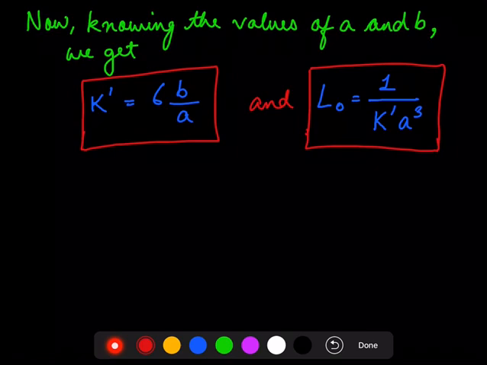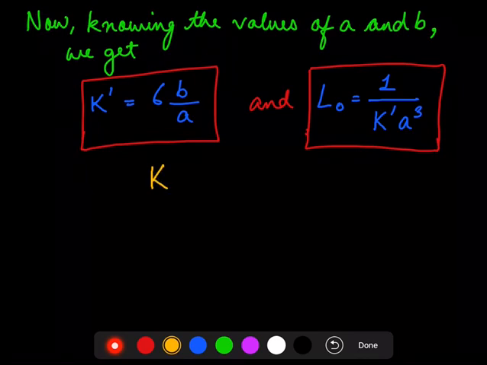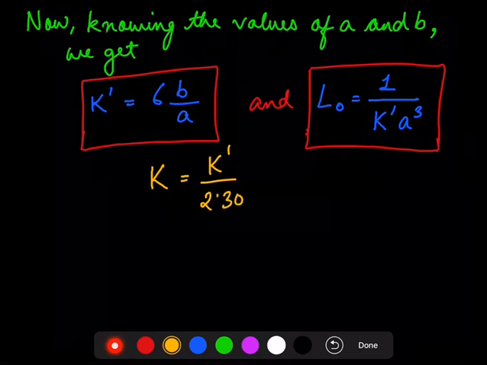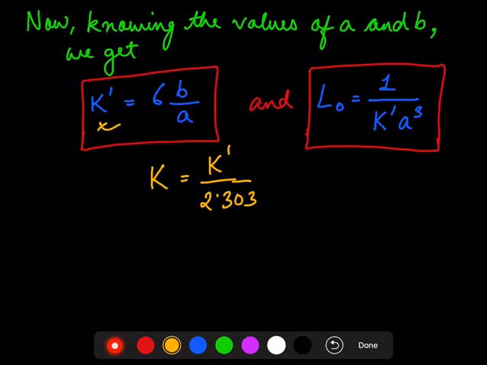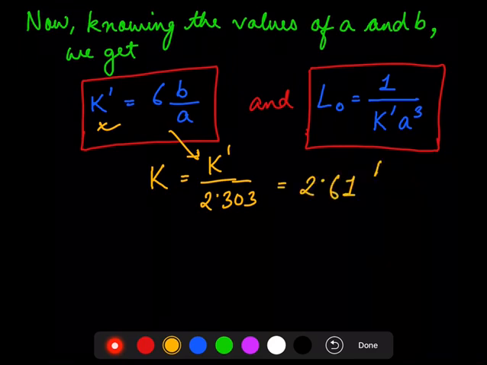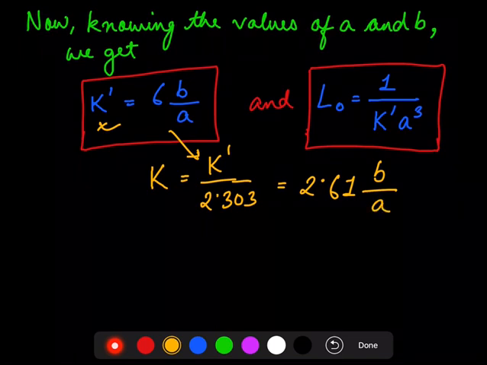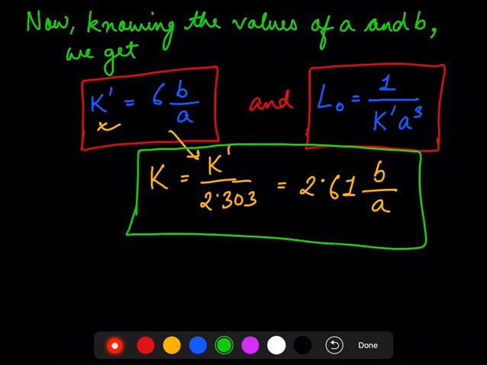And then you also know the relation between base 10 and base e rate constant, k equals k dash divided by 2.303. If you substitute this value, solving and substituting, I will get 2.61. So this is how I am finding the values of L naught, k dash and k using the Thomas slope method.